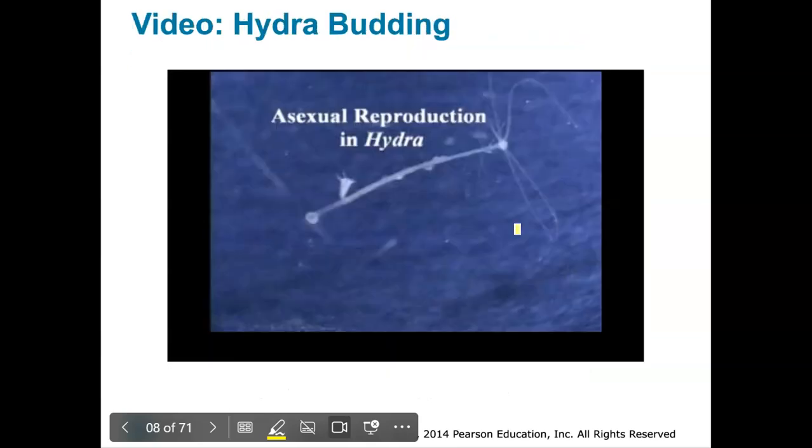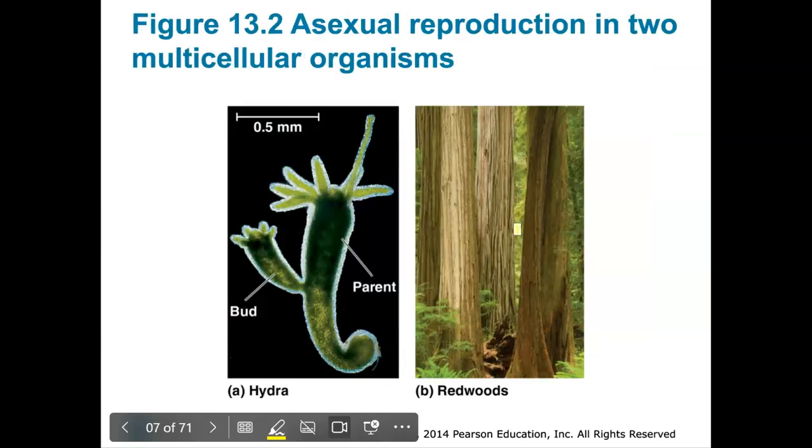This is a video of the Hydra budding. The Hydra is like a jellyfish, but it's turned upside down compared to a jellyfish. It has tentacles at the top instead of tentacles pointing downward.